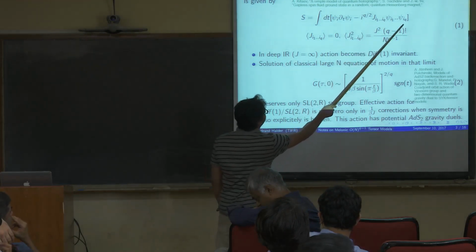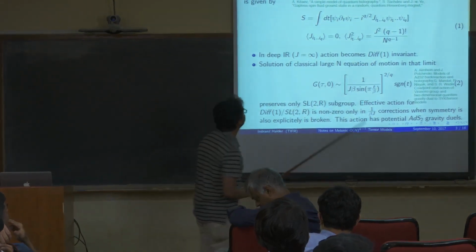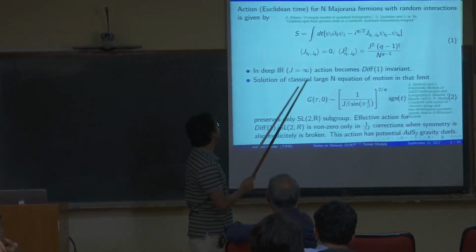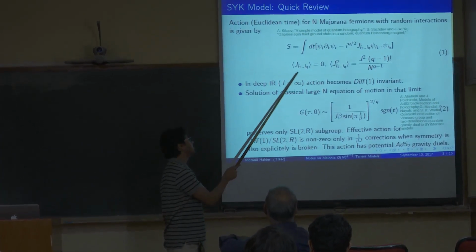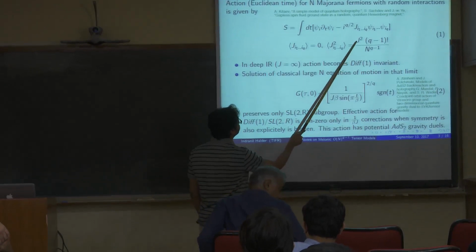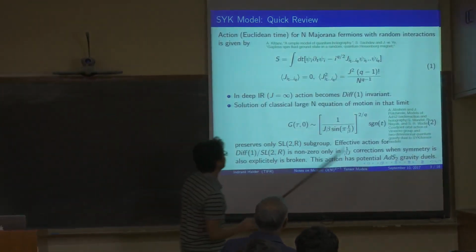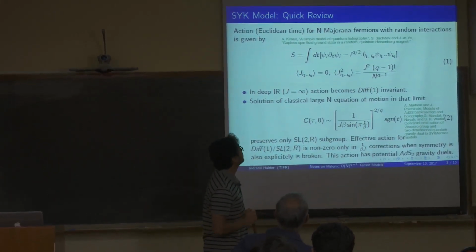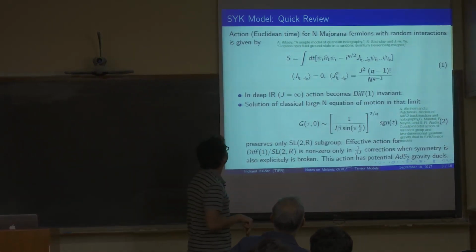The q number of fermions are interacting. q could be any even number, and this is the interaction strength, which has the dimension of mass in one dimension, and this is chosen from a Gaussian distribution with zero mean, and this is the variance, where J sets the strength of the interaction, and this power ensures that in the large N limit we get sensible graphs, a sensible large N limit.